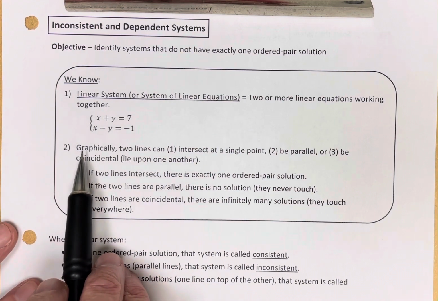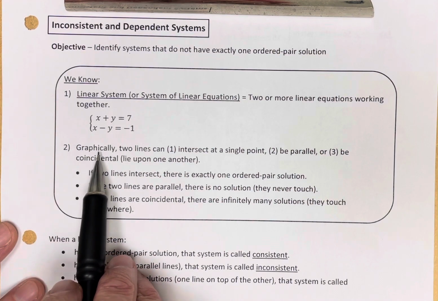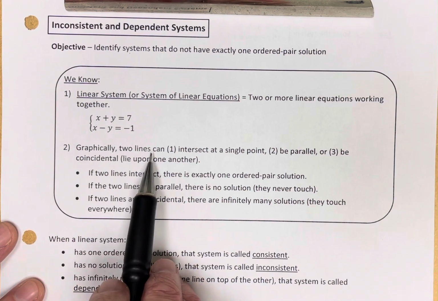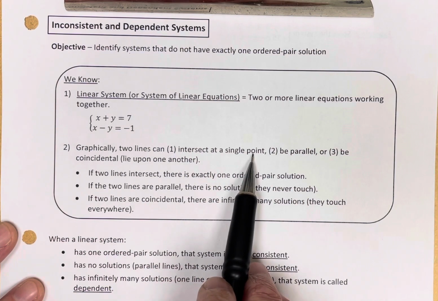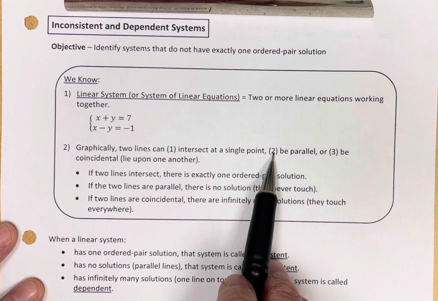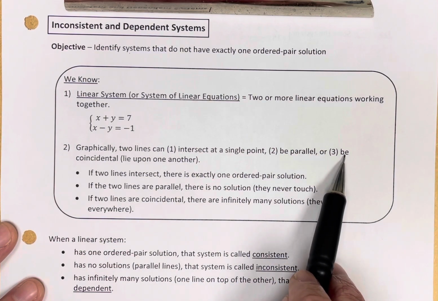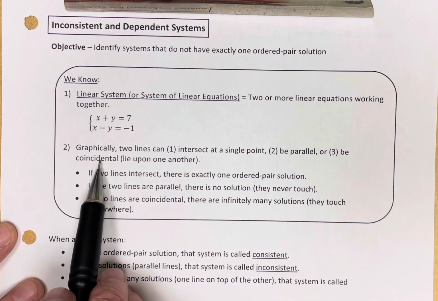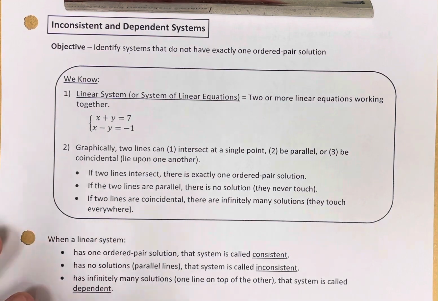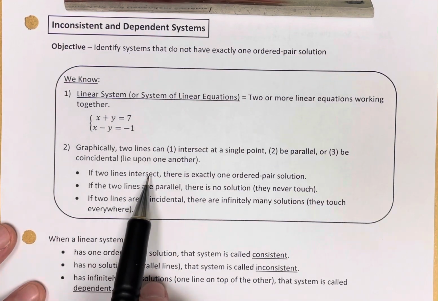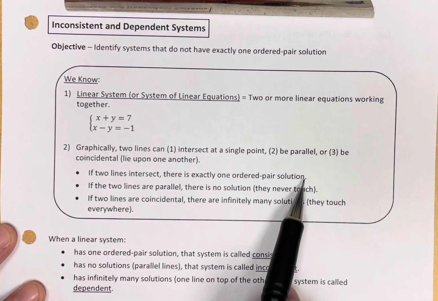We also have seen the graphs of these systems, and that graphically, when we have two lines, they can, one, intersect at a single point, which we've worked with a lot. Two, the two lines could be parallel. And three, the two lines could be what is termed coincidental, which means you have one line lying on top of the other.